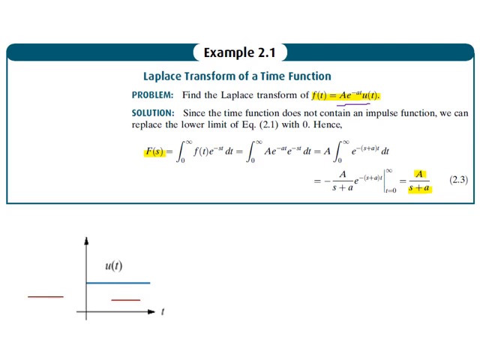If we see the time domain relation, the small a was present as a power of the exponential term, whereas in the Laplace domain relation it is present in the denominator of the function.